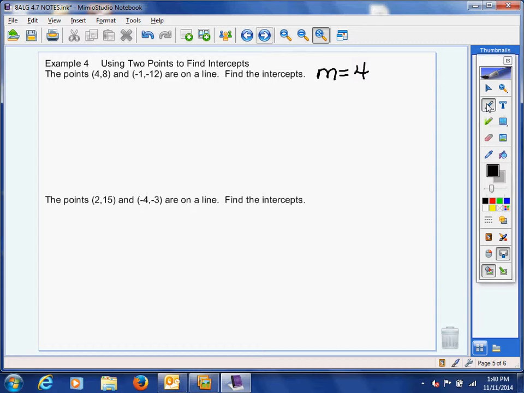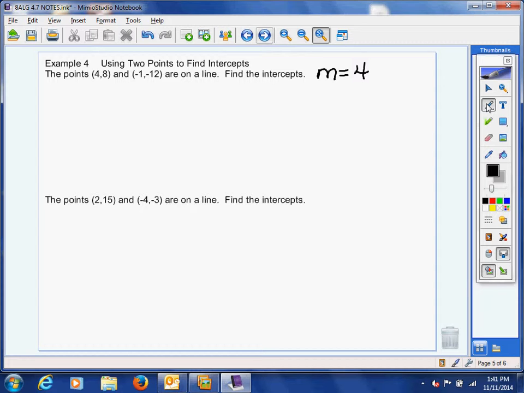Okay, now I know not 1 point but 2 points, and now I know the slope because I just calculated it. So let's use our logic. I don't know the y-intercept, but I know the slope. So right this second, I cannot plug into slope-intercept form. That just does not make sense.